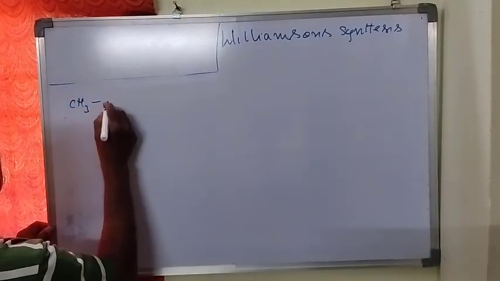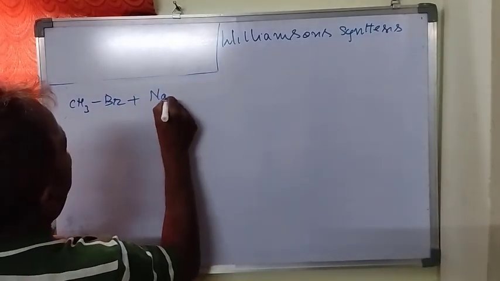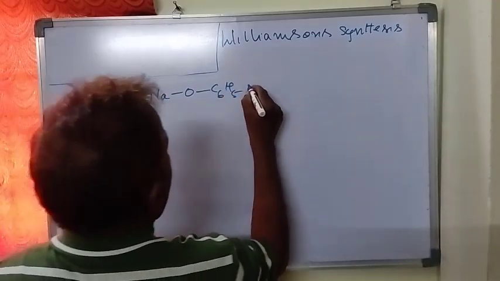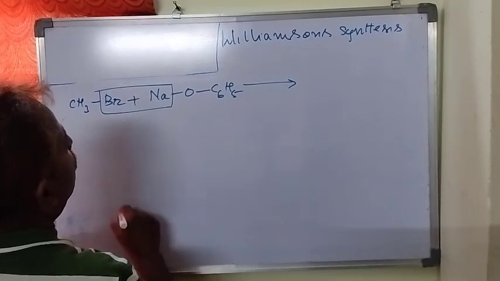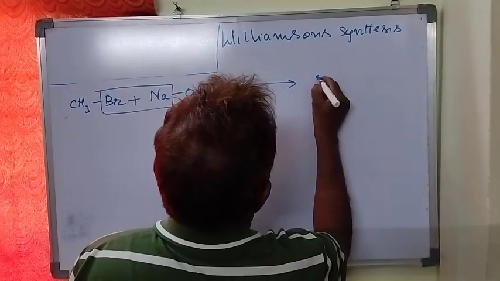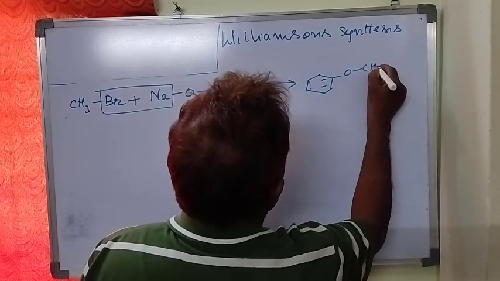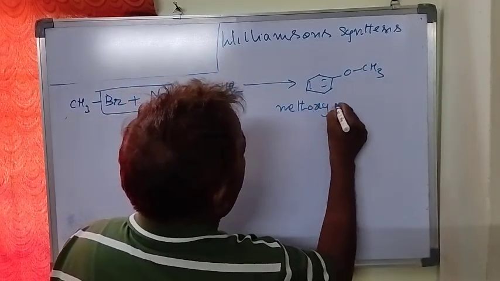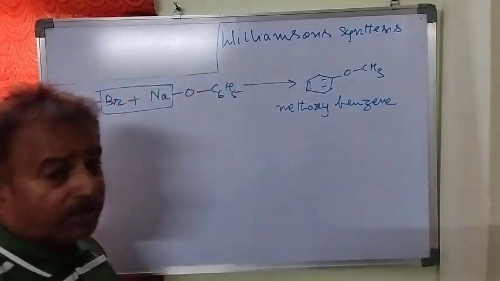This is CH3Br plus NaOC6H5. This is removed as sodium bromide, and we get C6H5OCH3. This is methoxybenzene.